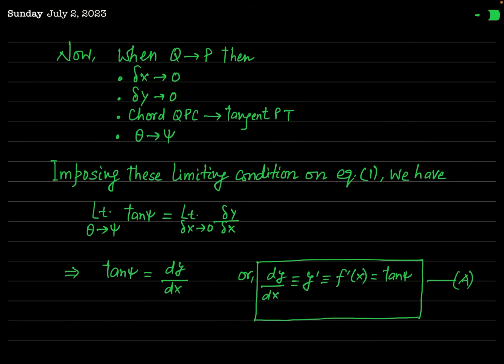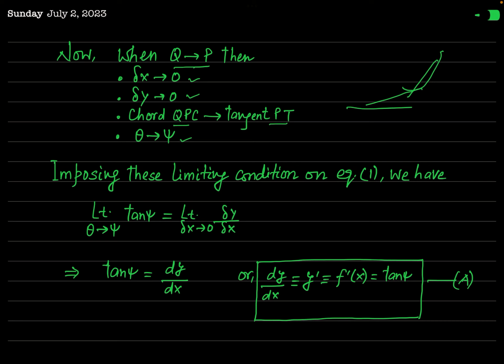And so you can see I have considered here that when the point Q tends towards P, then delta x tends to 0, delta y also tends to 0, the chord QP tends towards the tangent PT, and theta tends to psi. All these things happen because the point Q is tending towards P, and in that condition you have seen that this chord is converted into the tangent.